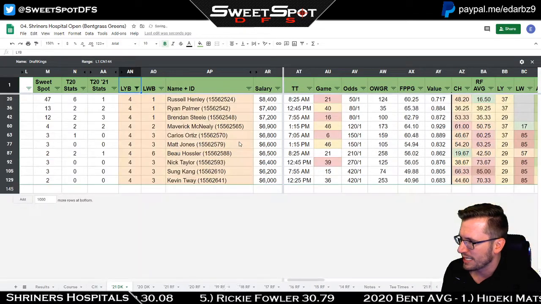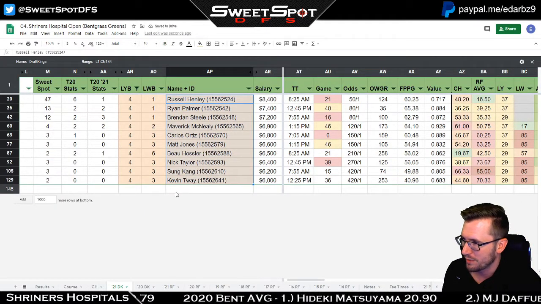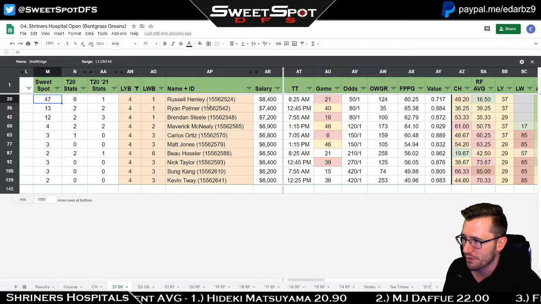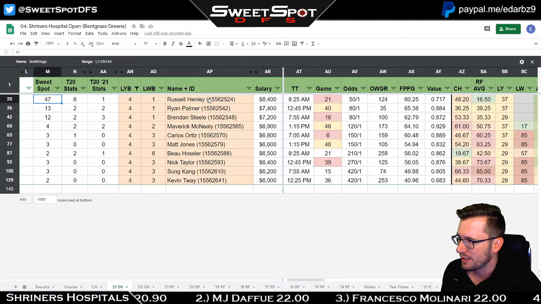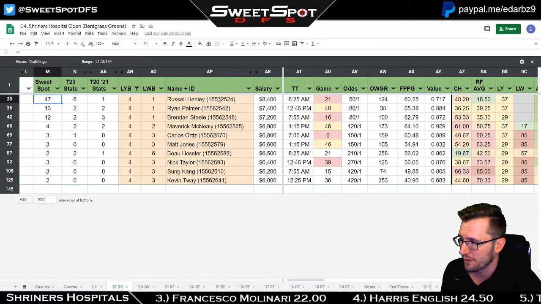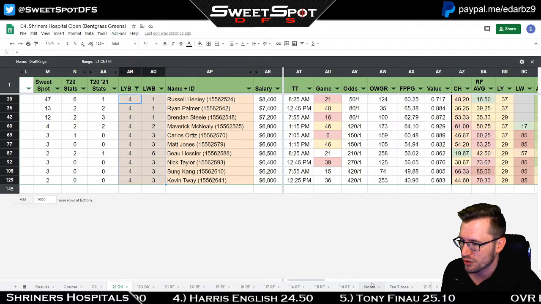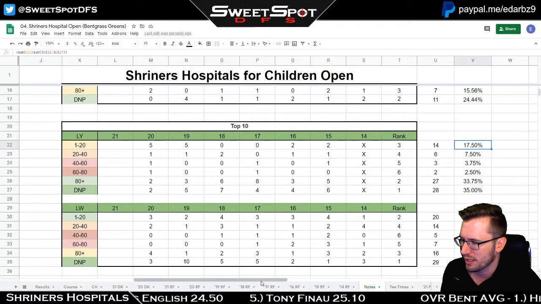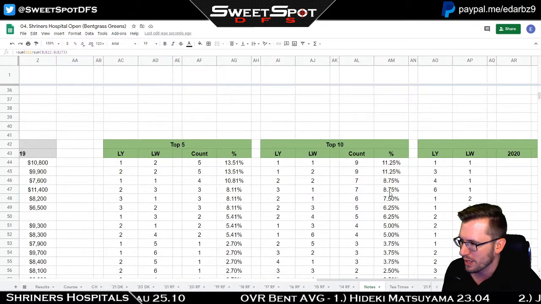Let's go ahead and look at last year 4s. The bucket is so much smaller. And Russell Henley is by far the best player that you would want to play within this bucket. But if you do have to grab a few other golfers, we can look at the bucket combinations and try to figure out if anything lines up with what we want to see.